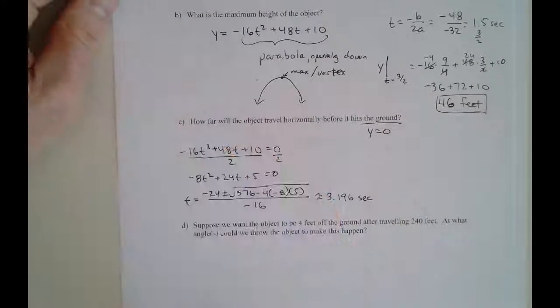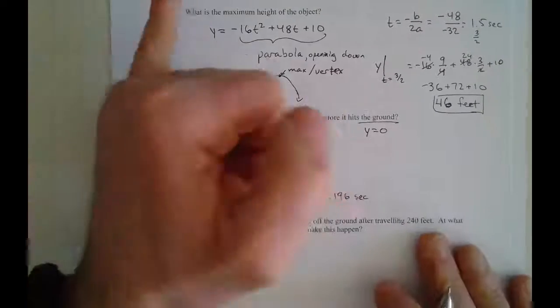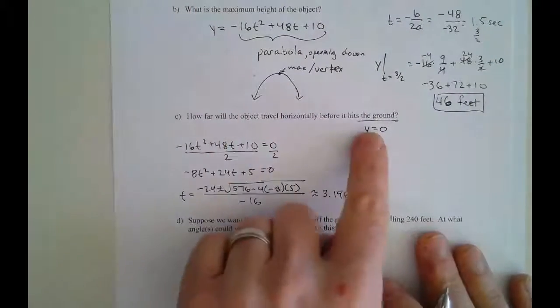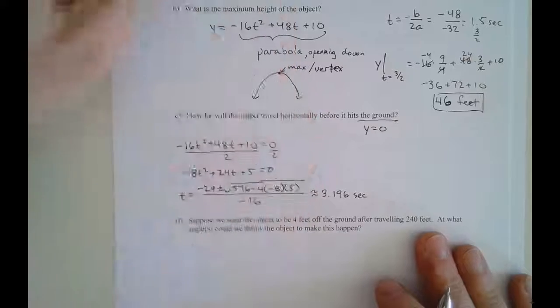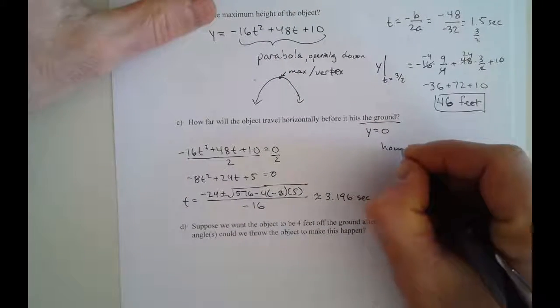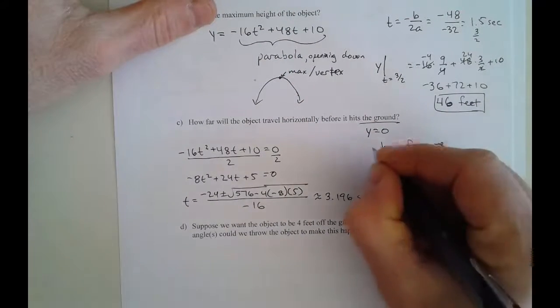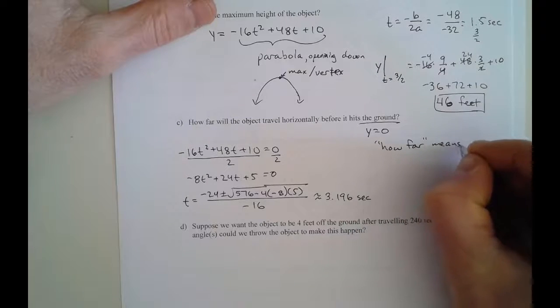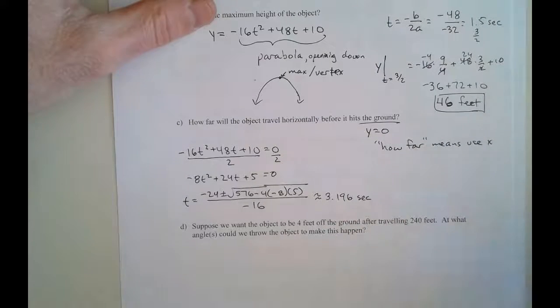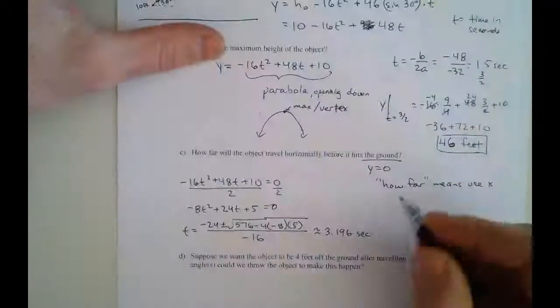Okay. How far will it go? So we want to know, we know what the height is, not 0. So we're going to take it and plug it into the x equation. How far means use the x.